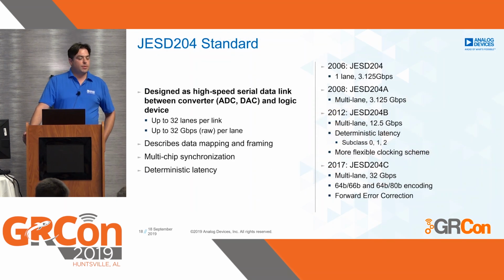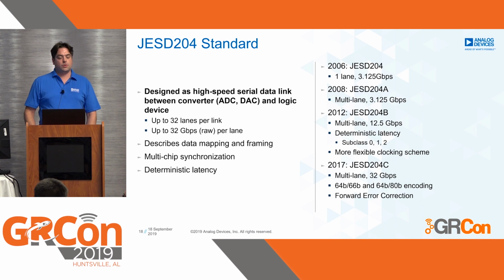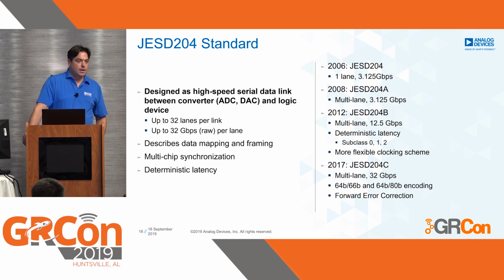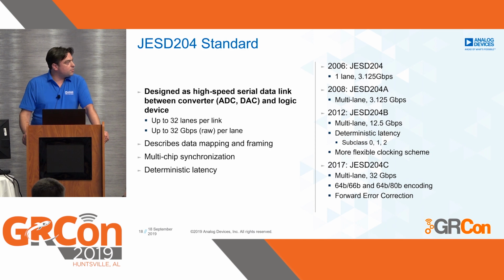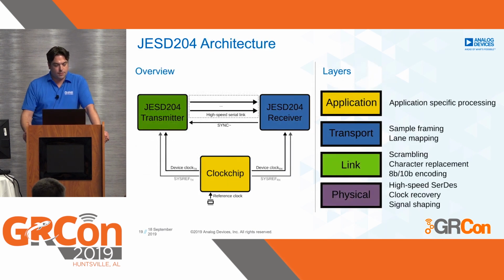It's designed as a high-speed serial data link between converter devices and a logic device. It supports up to 32 lanes per link, and the lane rate can be up to 32 gigabits per second with the latest addition to the standard, 204C. The standard also describes the data mapping and framing, the multi-chip synchronization, and how deterministic latency can be achieved.